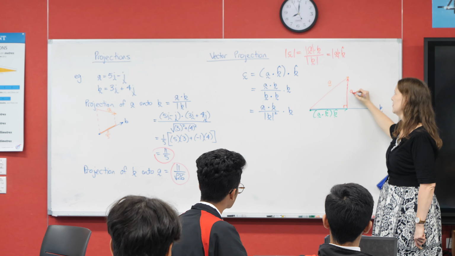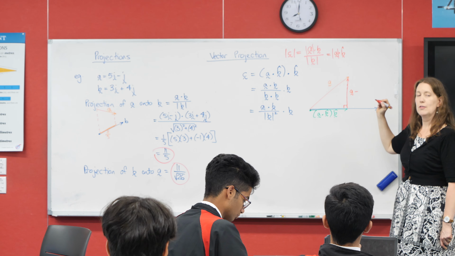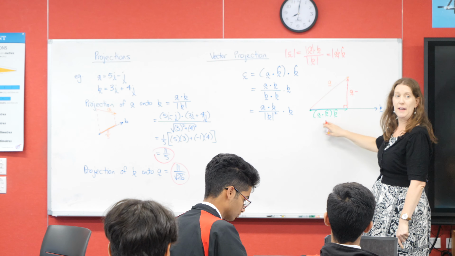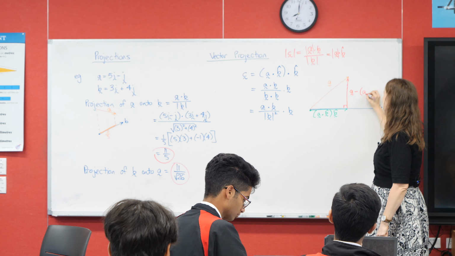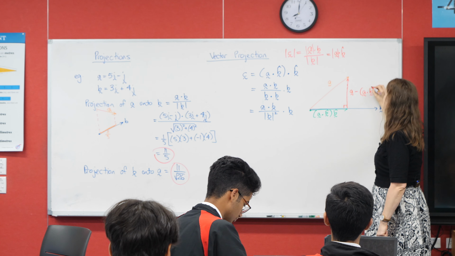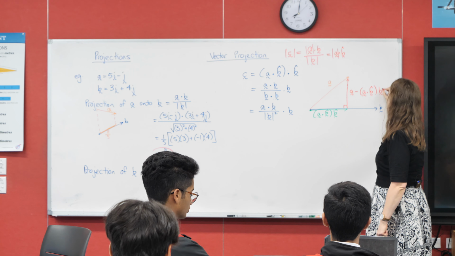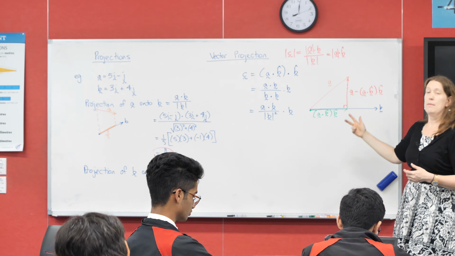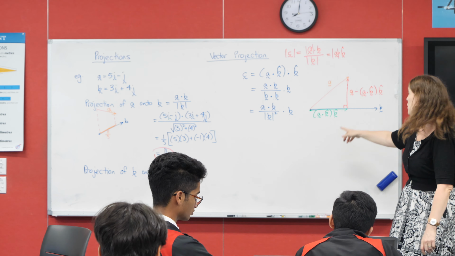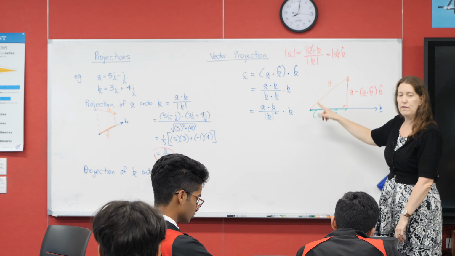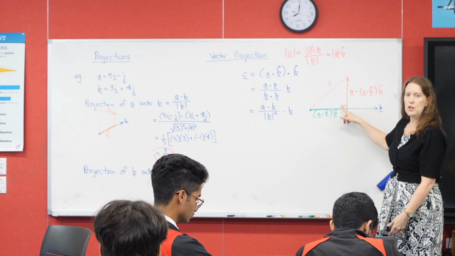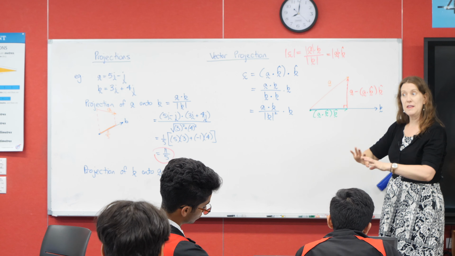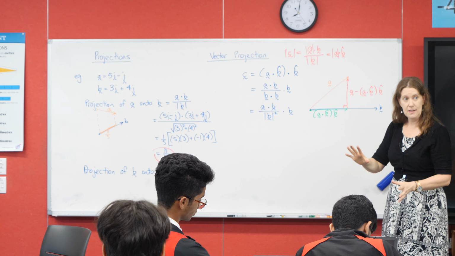Hint. This bit. Agreed? You're all like, no. Because these two just add up. Now, of course, if you knew this was 5 and this was 3, you'd know that this was 4. Do you agree, by Pythagoras' theorem? But they're all scalar quantities.